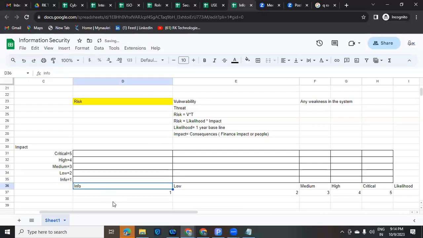How much is this box score? 1. What about this one? 2. This one? 3, 4, 5. In this similar way, what about this one? 2, 4, 6, 8, 10.